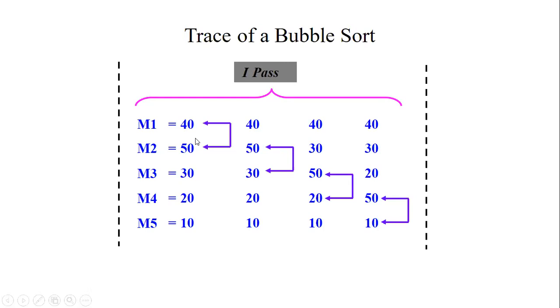So just one small comparison: if we exchange for the smallest number, we get the ascending order, and if we exchange for the largest number, we get the descending order.